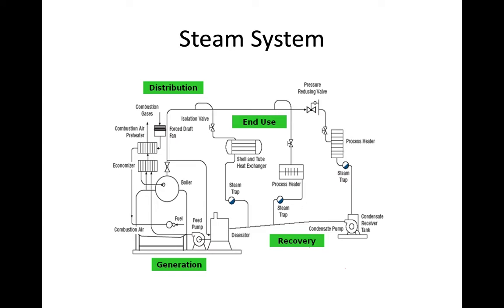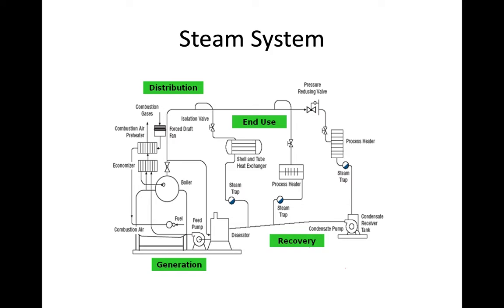When we take a look at the steam system, basically it consists of four parts. The first one is steam generation, where water changes to become vapor, to become steam, in the boiler.